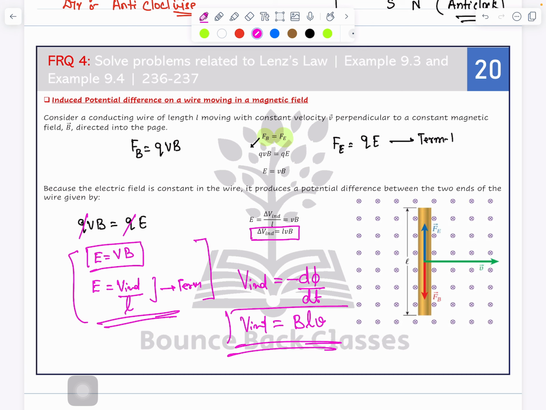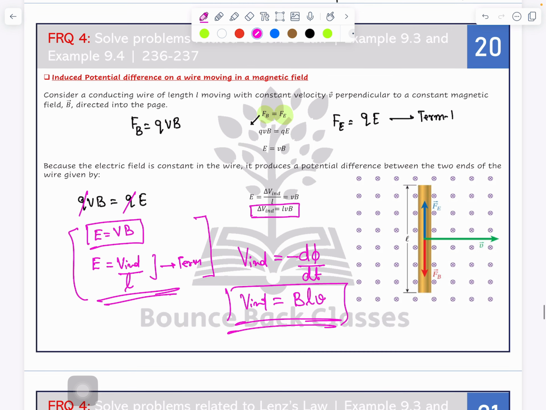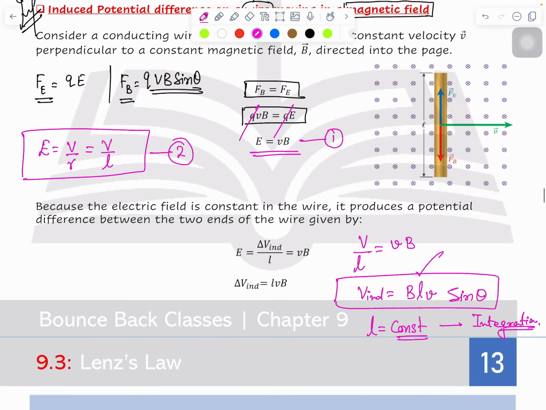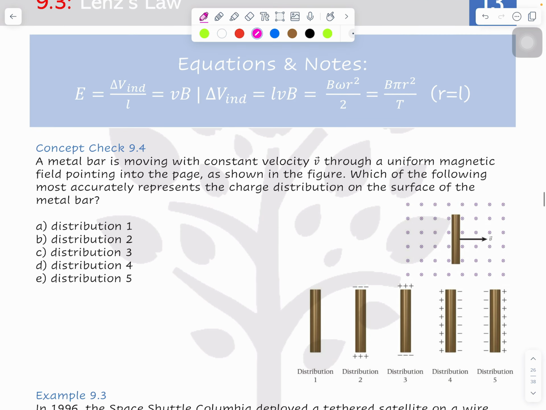This is your simple formula. Clear? If you remember this, you can solve the questions. B is your magnetic field, L is your length, and V is your velocity. Clear? Okay.